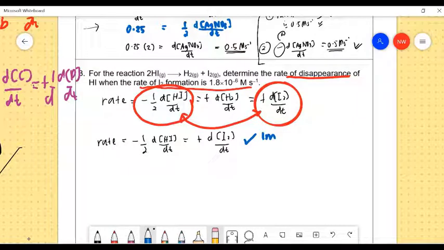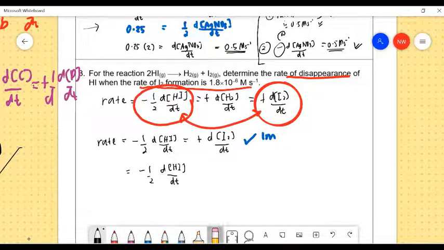Macam I cakap tadi pada you, I pesankan negative sign hanya kita tulis dalam differential rate expression ataupun differential rate equation. Okay, tetapi bila melibatkan calculation, kita tak akan ambil ataupun tulis kita punya negative sign. So, kita buat pengiraan, 1/2 d[HI]/dt.